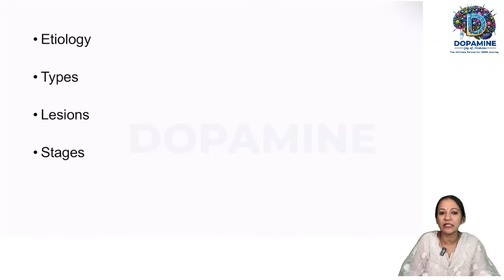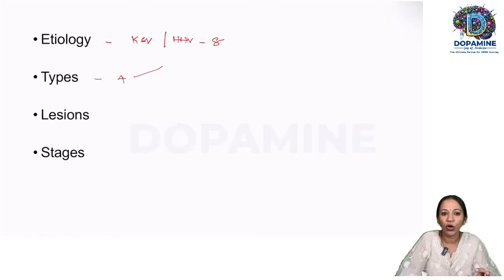So about Kaposi sarcoma, what is the etiology? It is Kaposi sarcoma virus, also known as HHV, human herpes virus type 8. So that is the etiology of Kaposi sarcoma. What are the types? There are 4 types. We have sporadic, which is spontaneous.